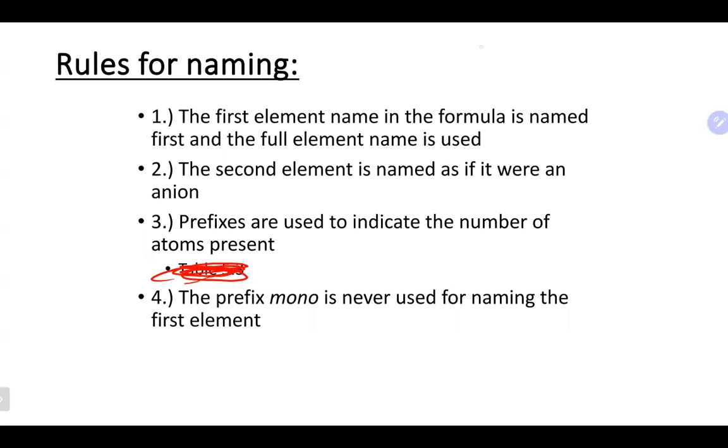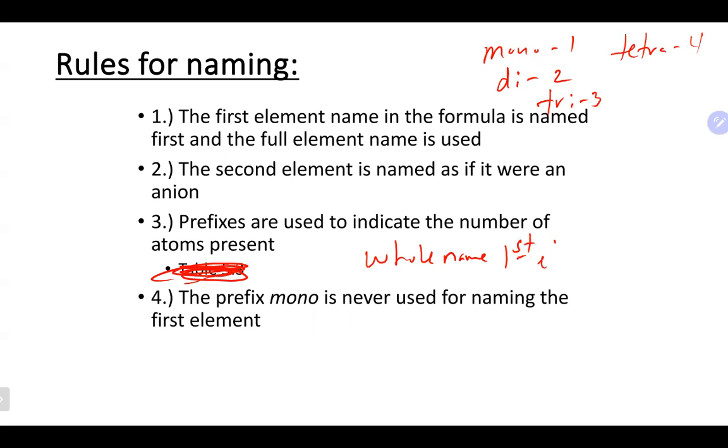So this is prefixes like mono for 1, di for 2, tri for 3, tetra for 4, penta for 5, and so forth. We basically use the whole name of the first element that's present with the appropriate prefix if needed.